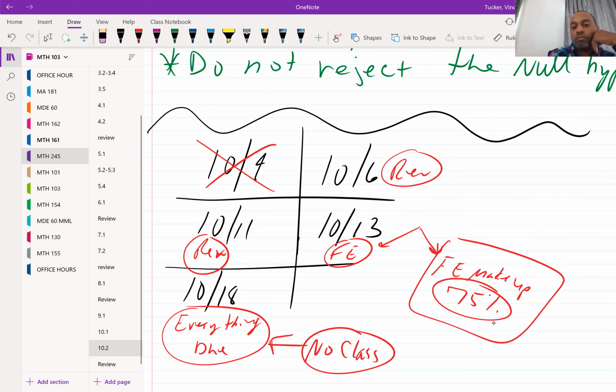You will enable your camera so that I can see you, show your ID to the camera, and then stay on for the duration of the test. Once you're done, you can just hit submit and log off. Then from there, it's just making sure you have everything submitted by the end of 10-18. All right.